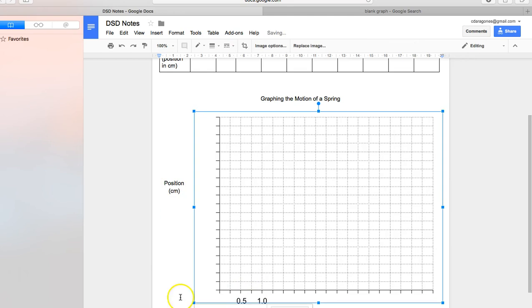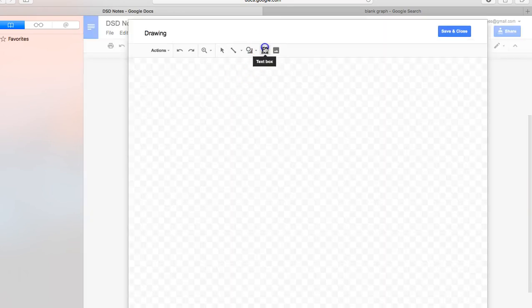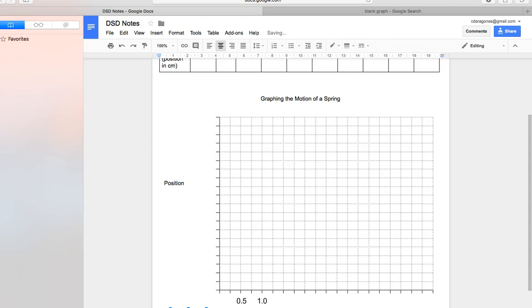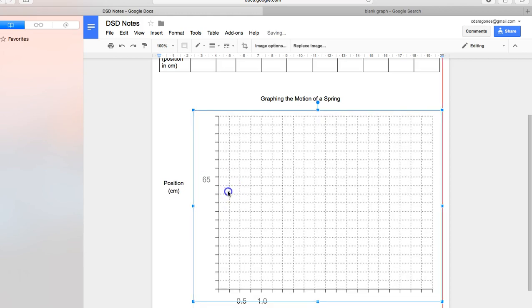I'm going to just do this. And 15, 20, 25, 30, 35, 40, 45, 50, 55, 60, 65 right here. Okay. So now we're going to go ahead and we're going to graph our data.